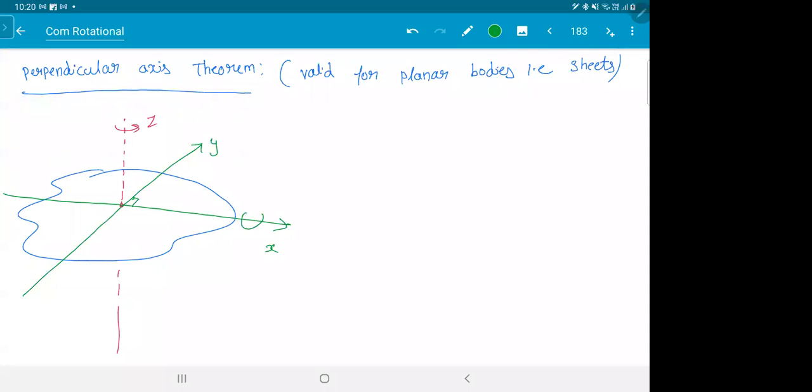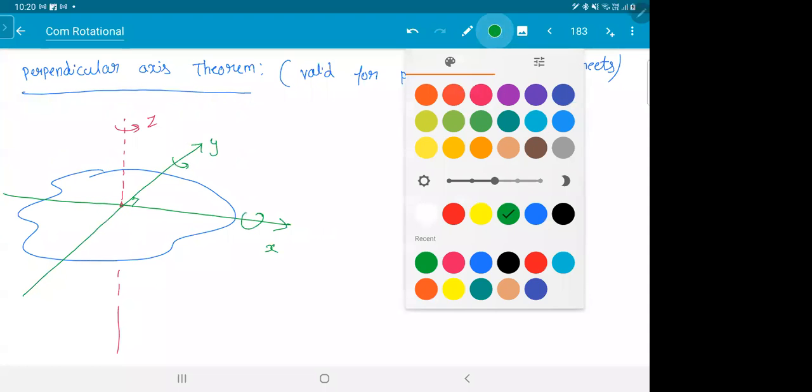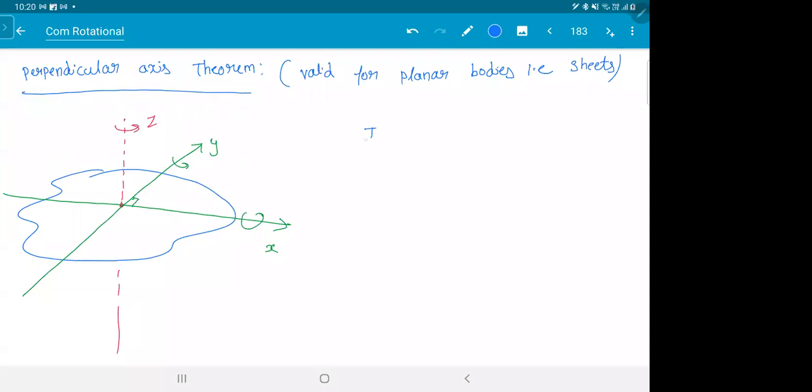What this tells you now is that the moment of inertia I_z is I_x plus I_y. This Z should be an axis perpendicular to the plane. These two are axes parallel to the plane, in the plane. Parallel and in the plane.